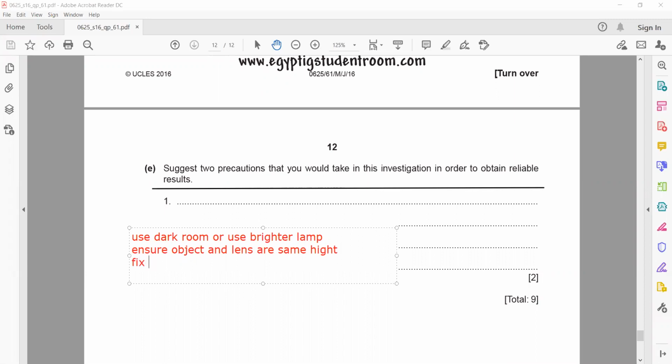Fix the meter rule on the bench. Not like in air where you measure, it should be fixed on the bench. When you are obtaining a sharp image, you should move the screen slowly back and forth, or to and fro. Then mark the positions of the center of the lens.